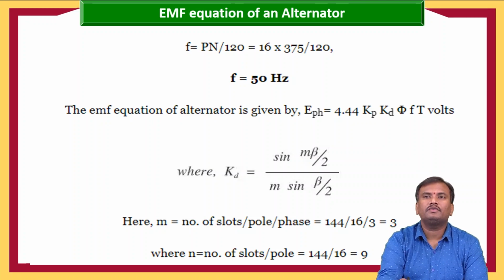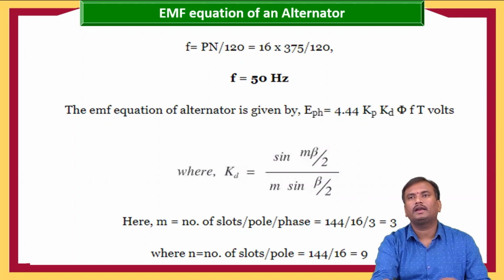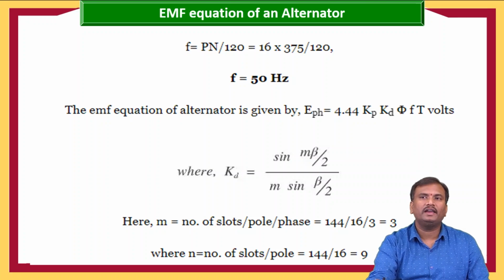The EMF equation of an alternator is given by 4.44 Kp Kd phi Ft. In this, Kp value is 1 for full pitch, and the distribution factor we need to calculate, where Kd is equal to sin m beta by 2 by m sin beta by 2. Here m is the number of slots per pole per phase.